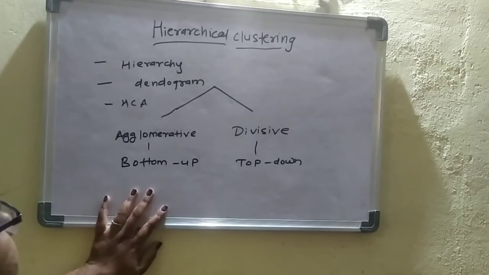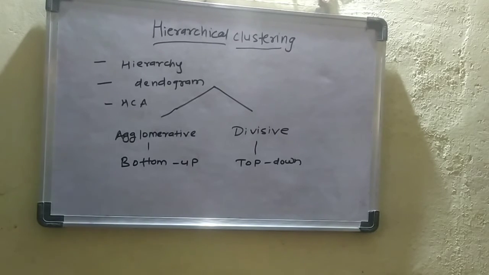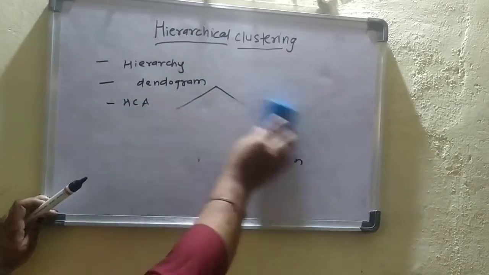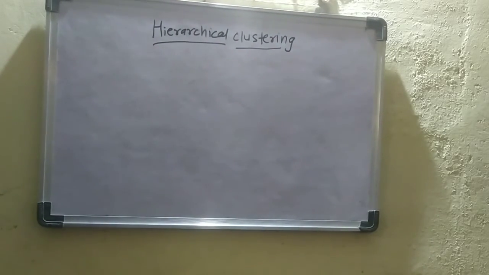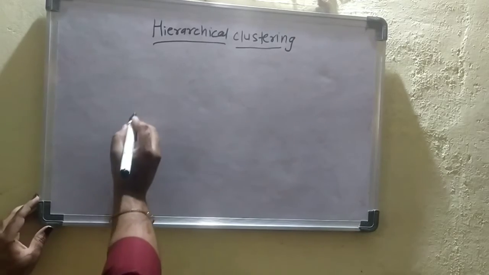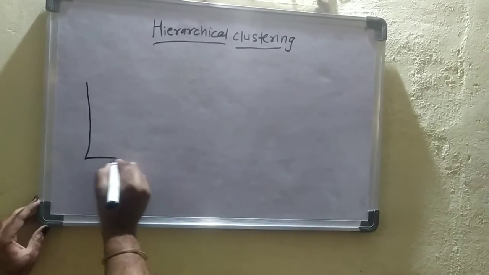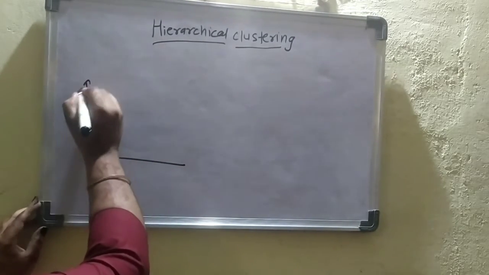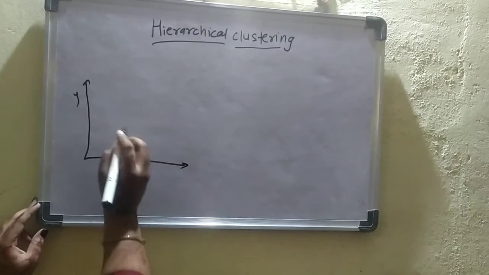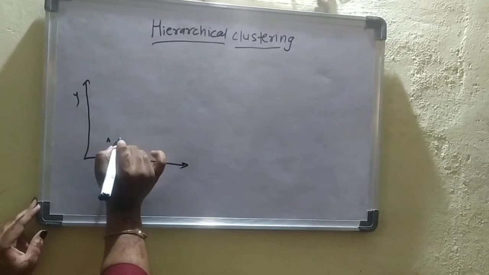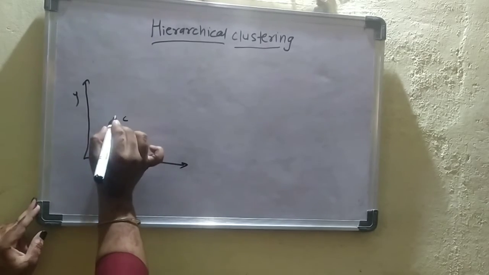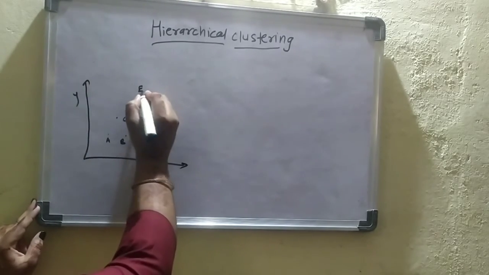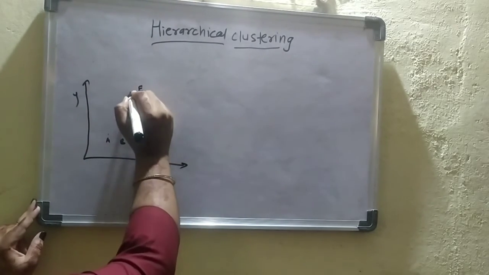Now how this algorithm is built up, we'll see by taking an example, and then we'll see simple clusters, how they are classified and how the types are being denoted. We'll see by taking simple data points. If we have a cluster, this is the x and y coordinate, and these are the data points. Here A, B and C are three data points, and these are the two data points.